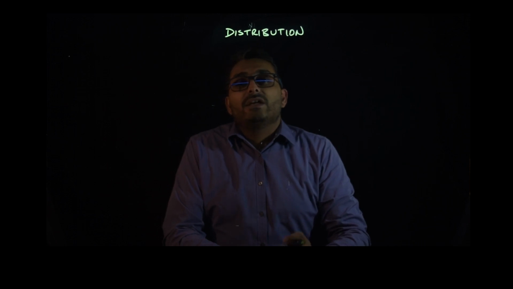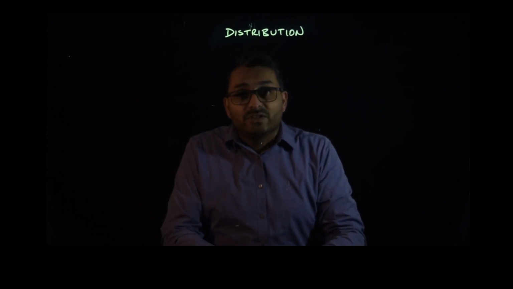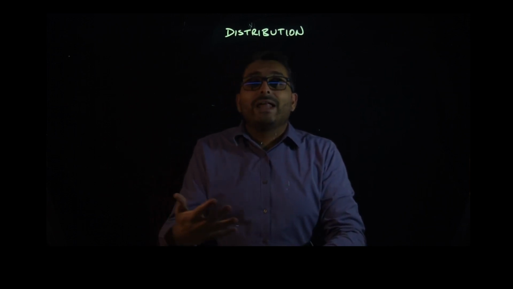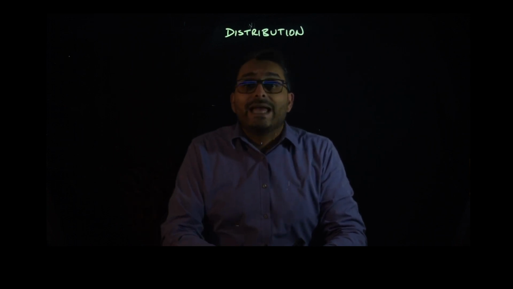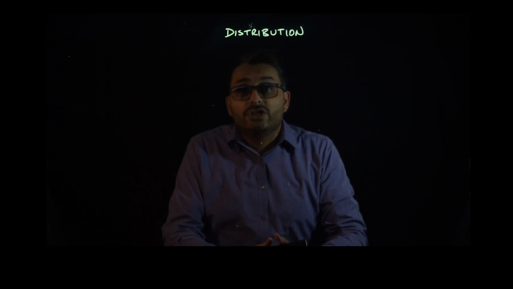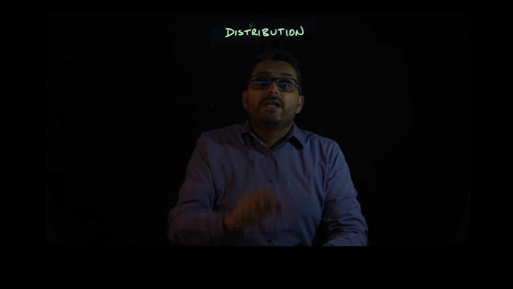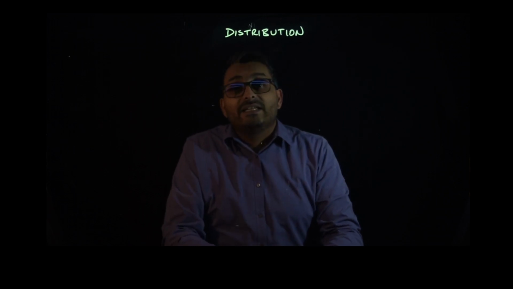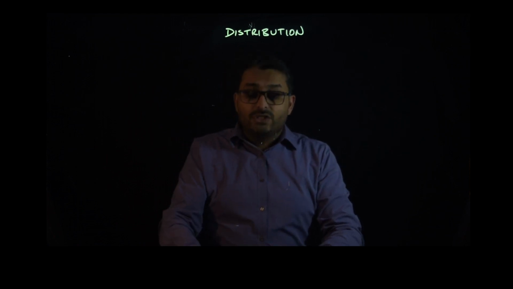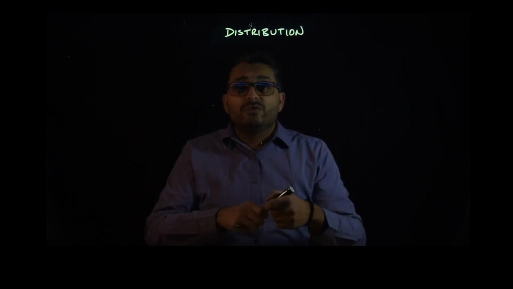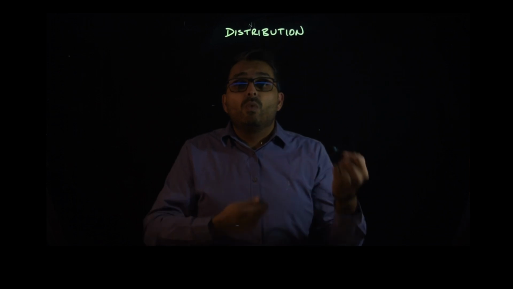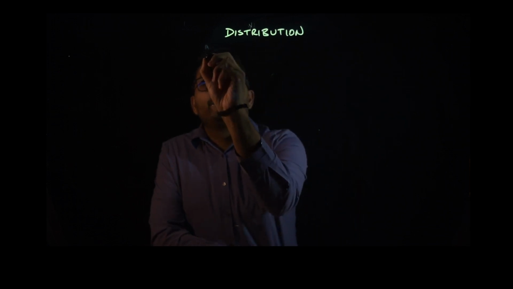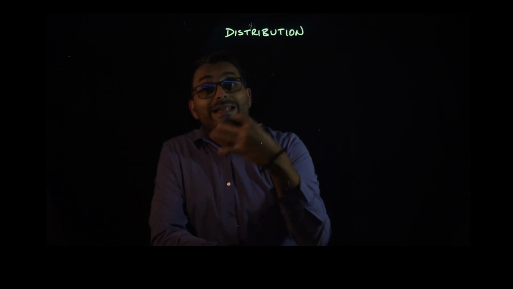Distribution can mean to supply or give out something. It can also be a channel through which goods and services can flow to reach the consumer. But the distribution that I'm going to be talking about is the mathematical one. Without getting too technical, distribution is about how widely or narrowly spread out something is.